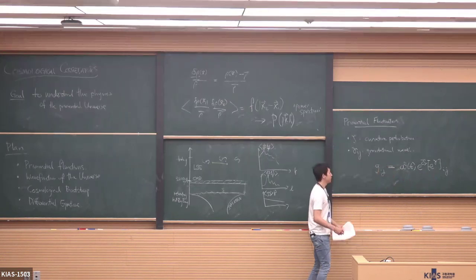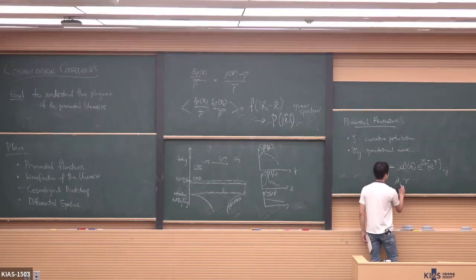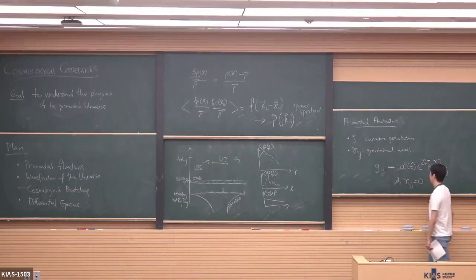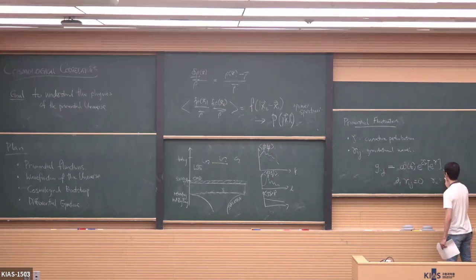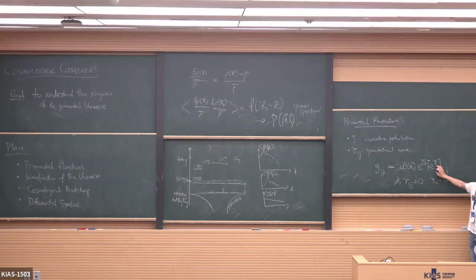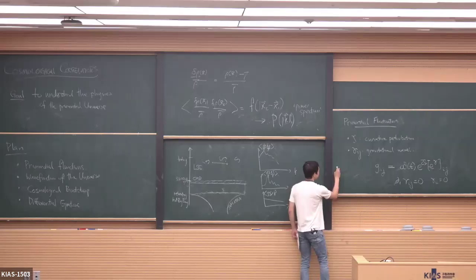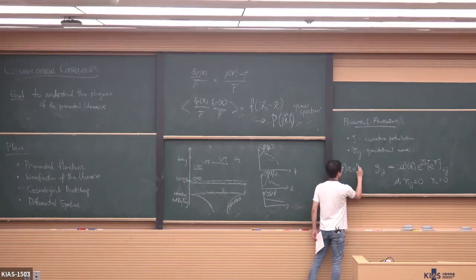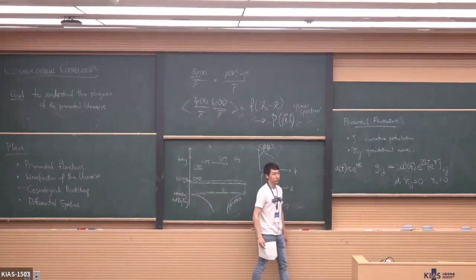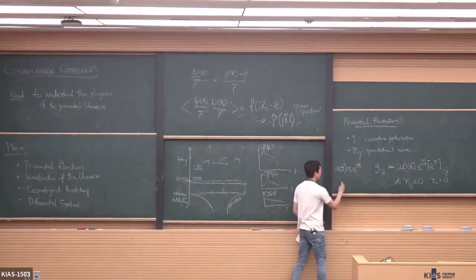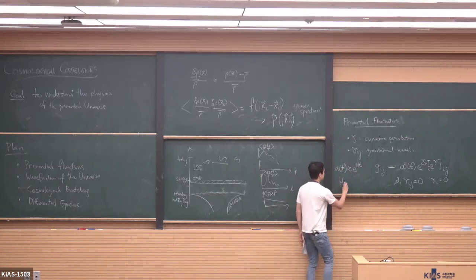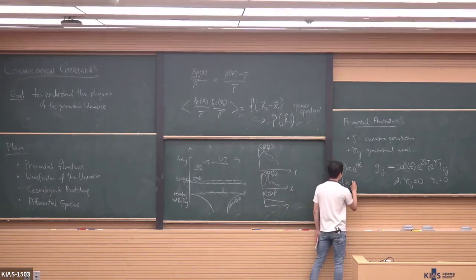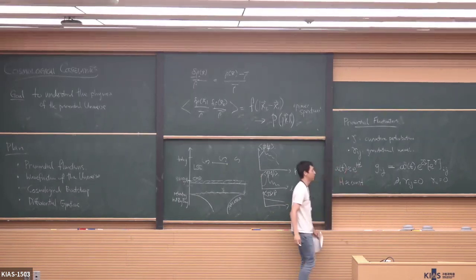Gamma is transverse, so its divergence vanishes, and it is also traceless. These zeta and gamma parameterize the dynamical degrees of freedom that exist in the metric. Now, during inflation, this a of t goes roughly as an exponential form, e to the Ht, where H is called the Hubble parameter, which is roughly constant during inflation.